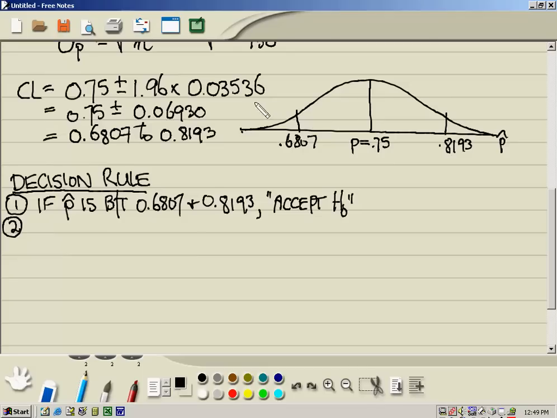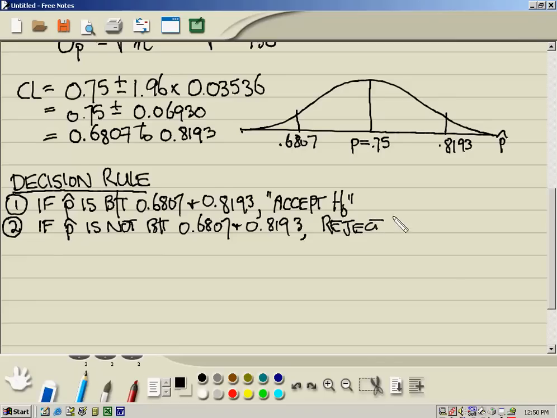Alternatively, if the sample value is far away from the believed value, out here in the tails, then we won't accept the null. So if p-hat is not between 0.6807 and 0.8193, we will reject the null, and in its place we'll accept the alternate.